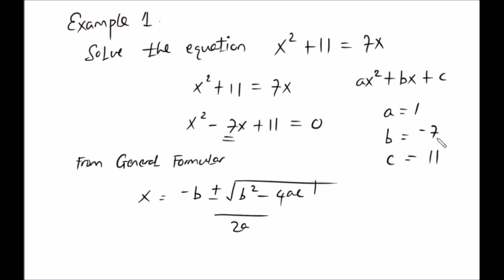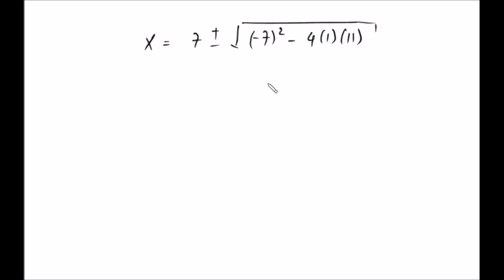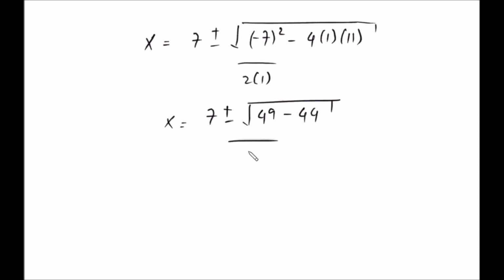So from the general formula now, our x is going to be negative b, yani 7, plus or minus square root of b squared minus 4 times a times c, over 2a. So hii itakuwa sasa na 7 plus or minus, 7 square ni 49 minus 44 over 2 times 1. Yani a ni 1 sasa.